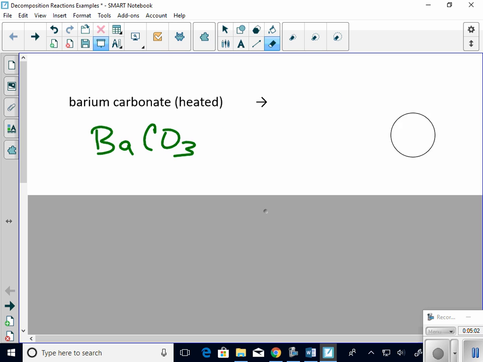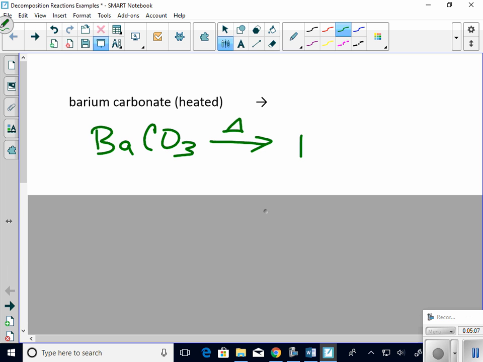I would be mad if you guys did that, so I'm not going to do that. Barium carbonate heated. We said it was BaO and CO2. Am I finished? It is balanced, right? So I'm finished. Now make sure you have that delta. What does the delta tell me? That I heated that. Remember that that delta means that it was heated.